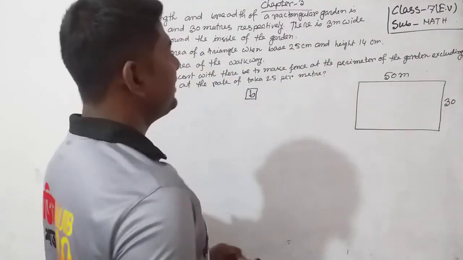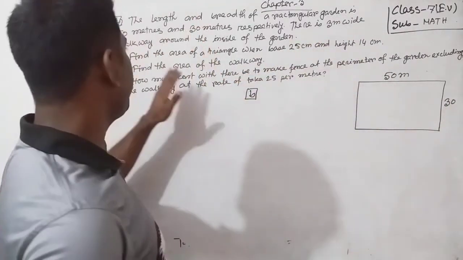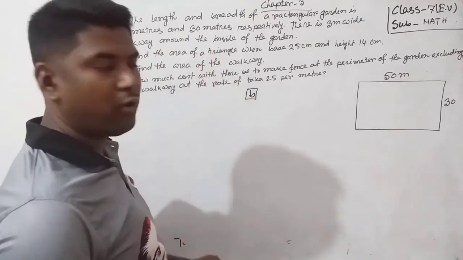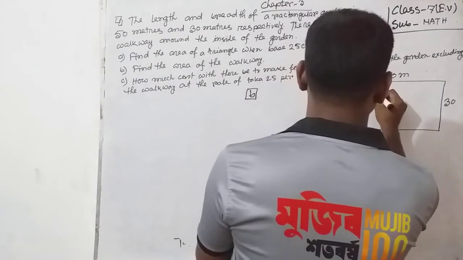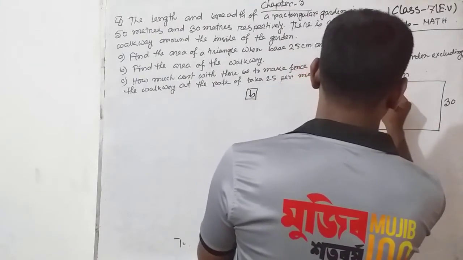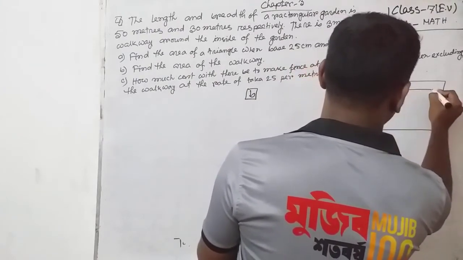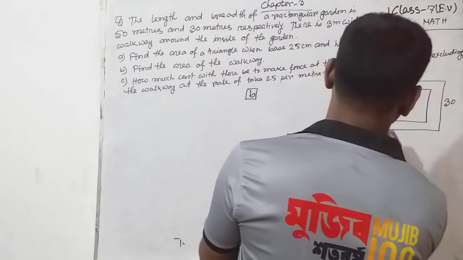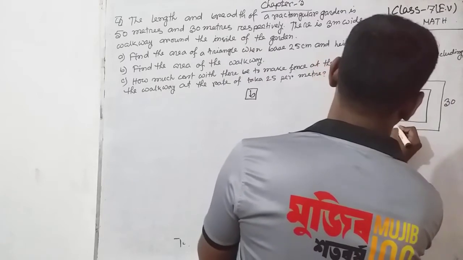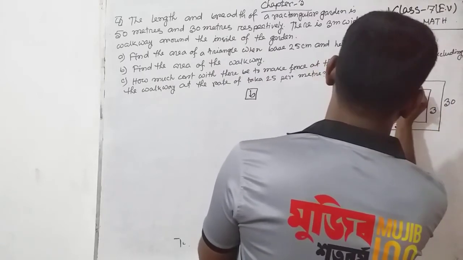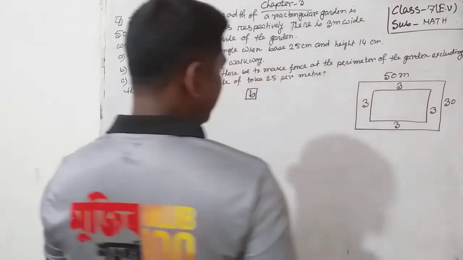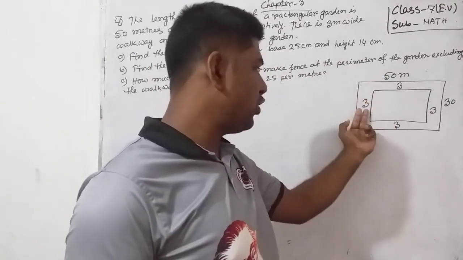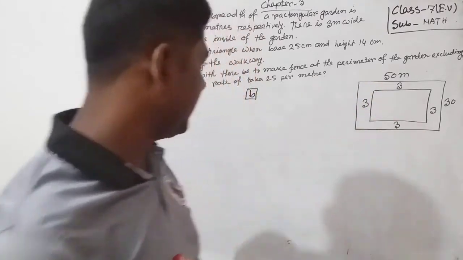Okay, there is a 3 meter wide walkway around the inside of a garden. Inside of a garden, that means 3, 3, 3 and 3. Okay, look, in our figure the path in the middle inside the garden, the width of that path is 3 meters, and it is all around, okay.